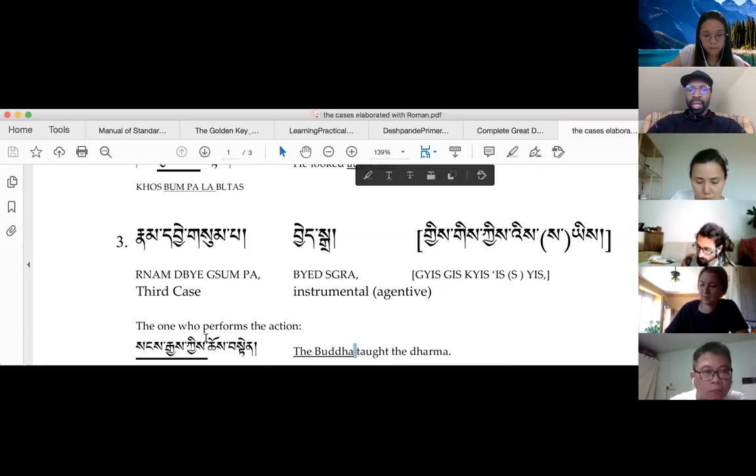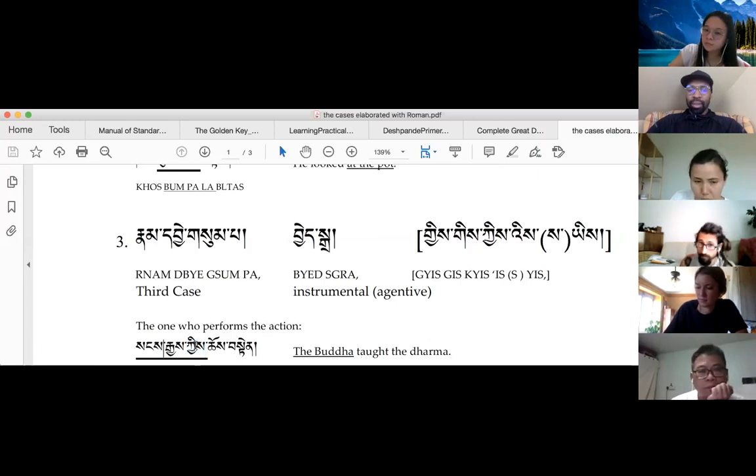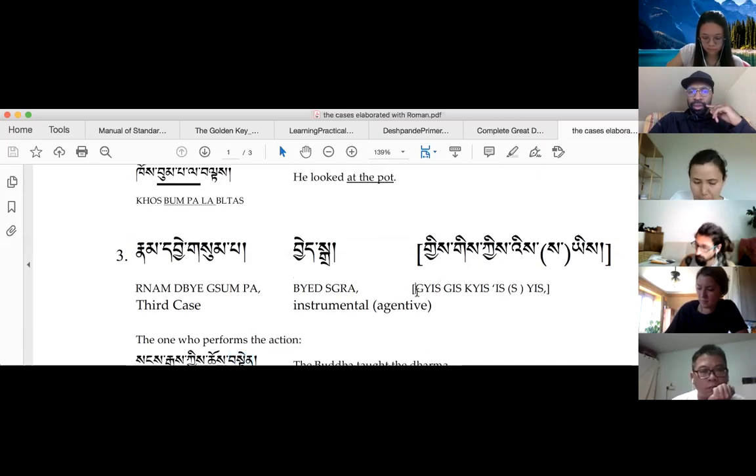But in Tibetan, you have to say by the Buddha, the Dharma was taught. So the particles you use are ki, gi, gyi, kyi, with an s, or just an s, and yi.